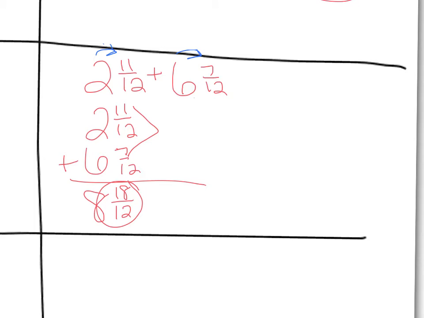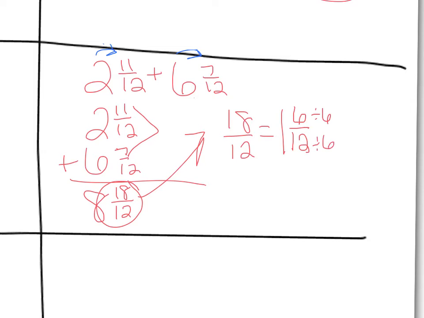So the first thing I'm going to do is take this fraction off to the side and simplify it. I'm going to turn it into a mixed number because I have a larger number in the numerator than the denominator. If I change this into a mixed number, 12 will go into 18 one time with 6 left over out of 12. Now 6 twelfths can be simplified.